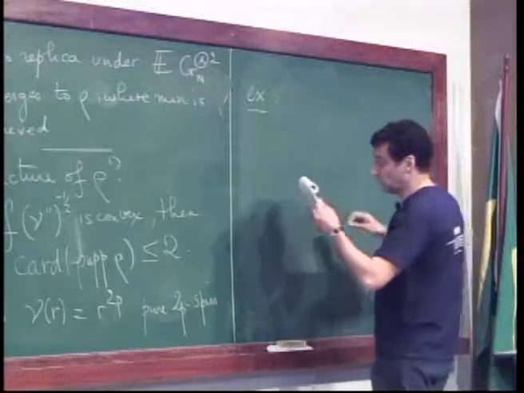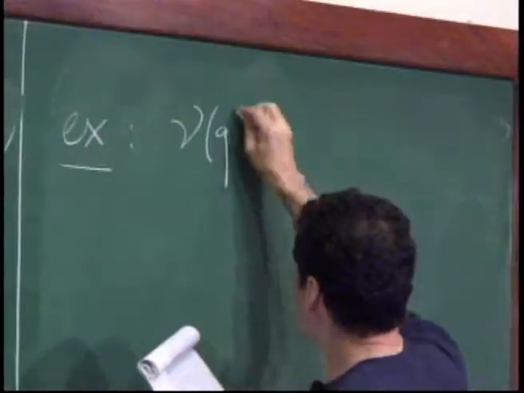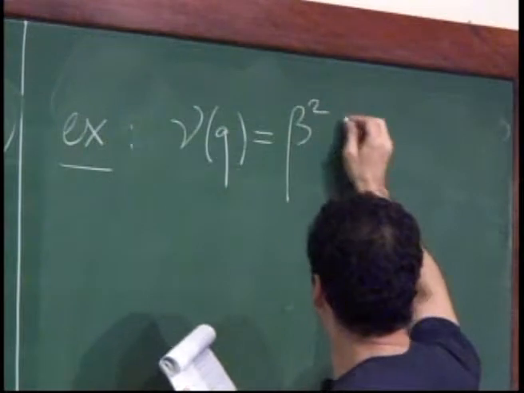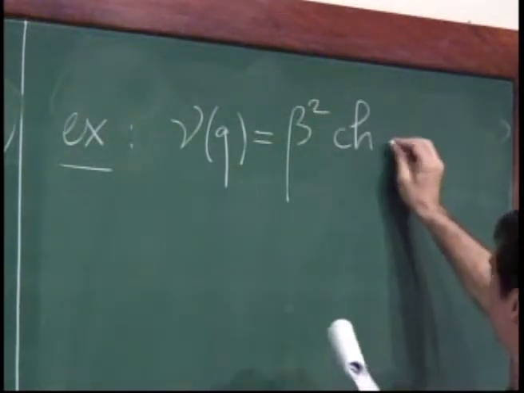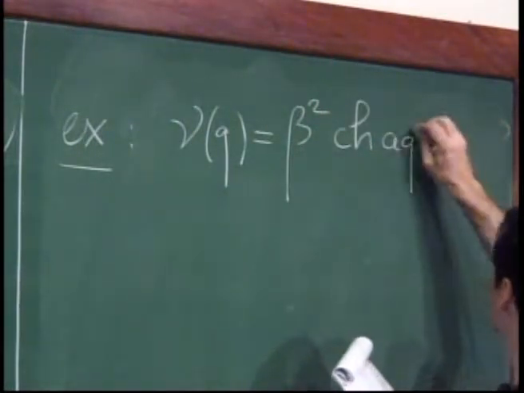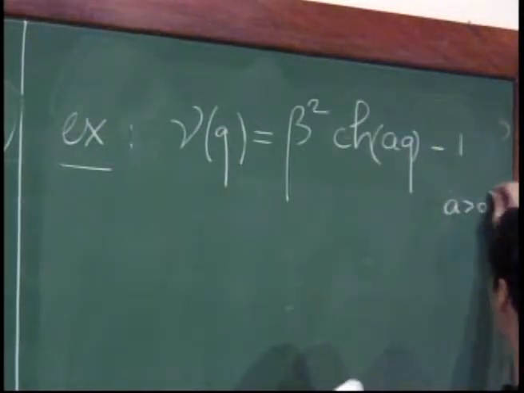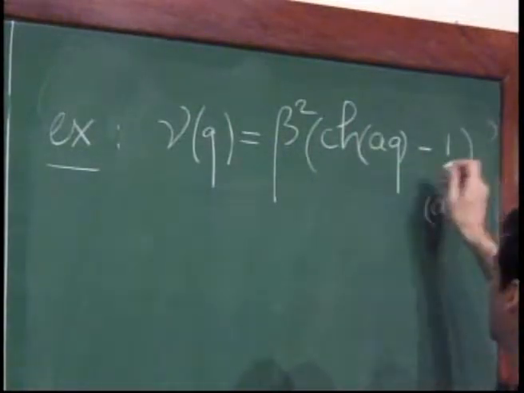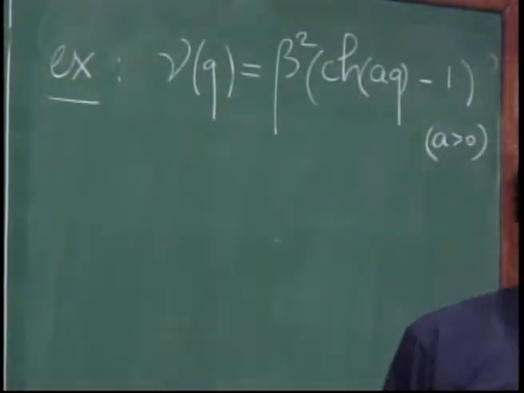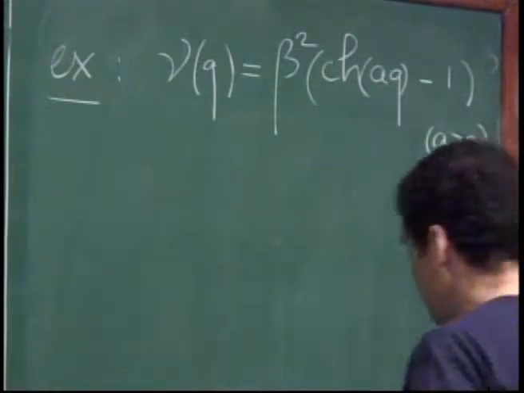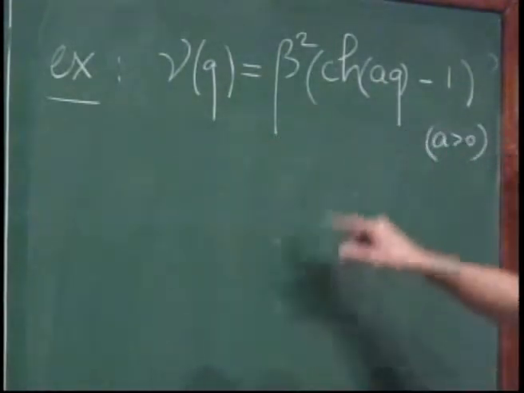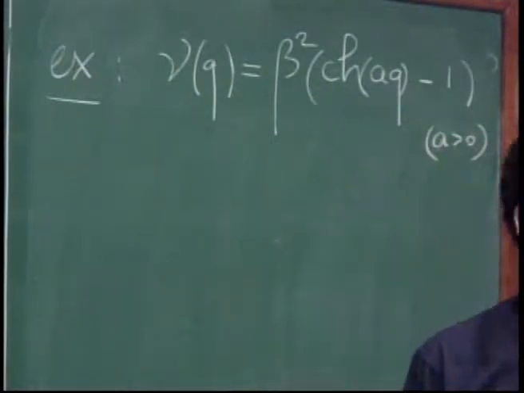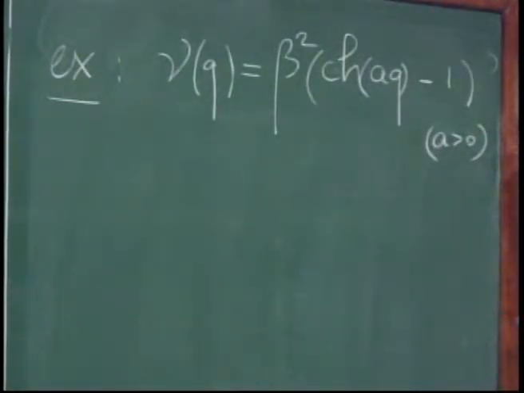Take the function nu of q to be beta squared hyperbolic cosine of a times q minus 1, where a is a positive number. It's easy to check that this function is of the type that we have over there. If you expand it in power series, the coefficients will be non-negative, so this is a spin glass model function.